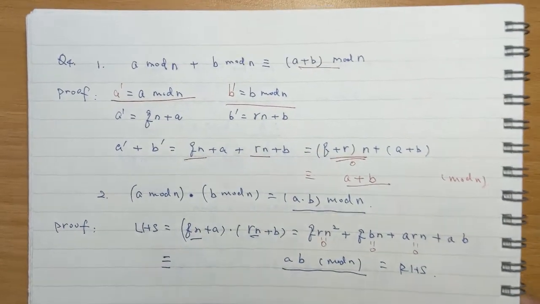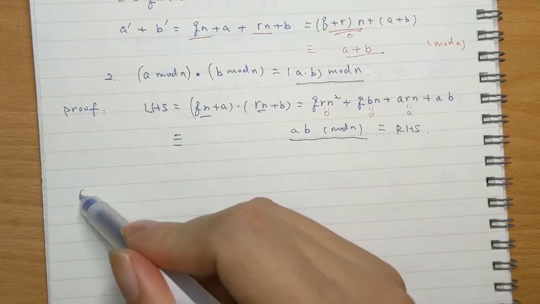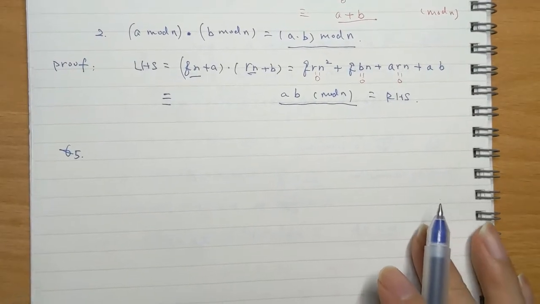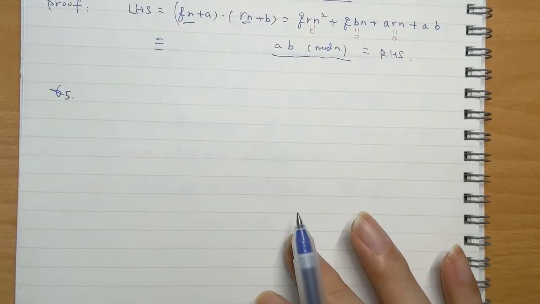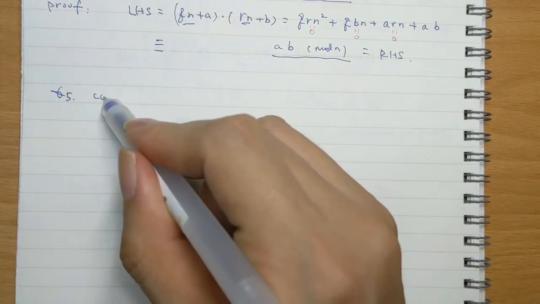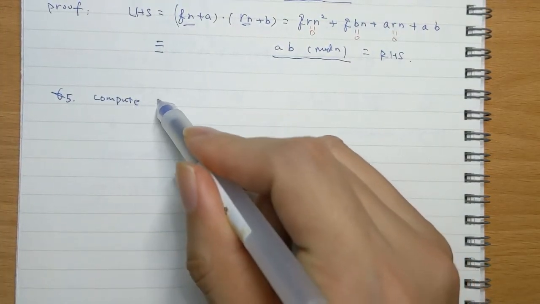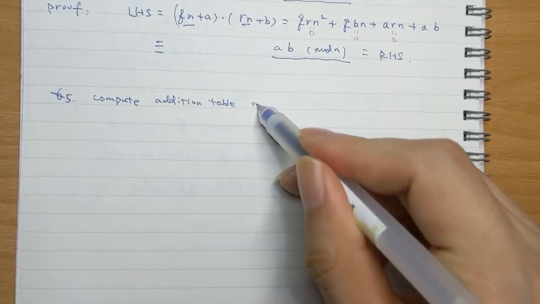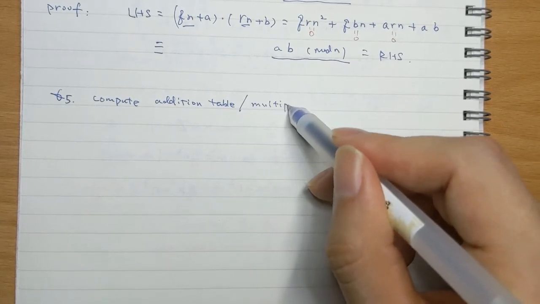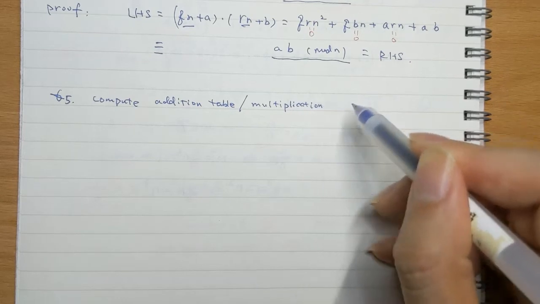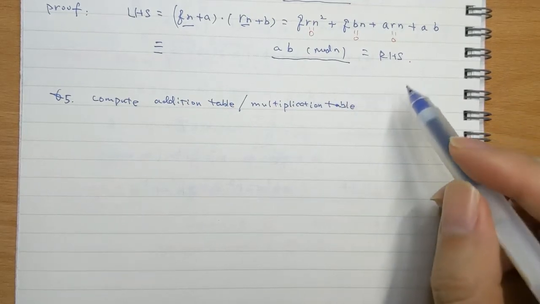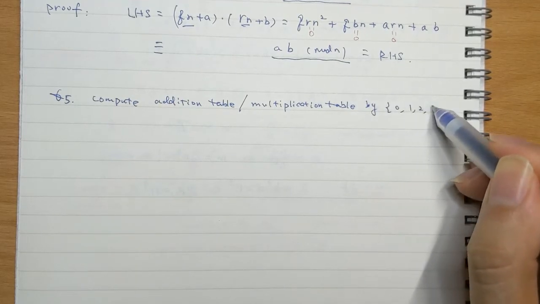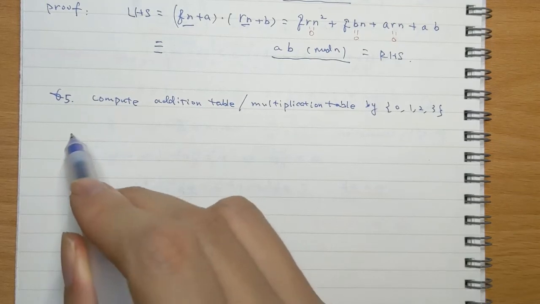Now let's move to Q5. And Q5 asks to compute the addition table and a multiplication table by the integers 0, 1, 2, 3. So we draw a table.